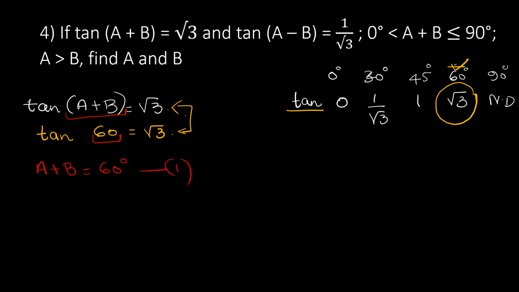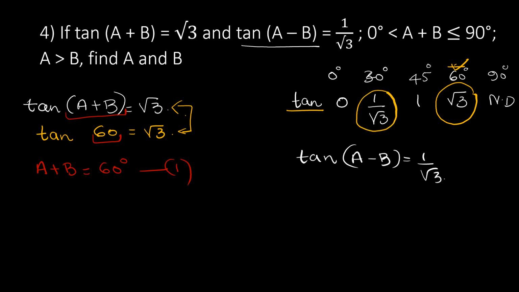Next, it is given that tan A minus B equal to 1 by root 3. From this table, what is 1 by root 3? Tan of 30 degree. Therefore, tan of 30 degree equal to 1 by root 3. Now we will compare these two equations.